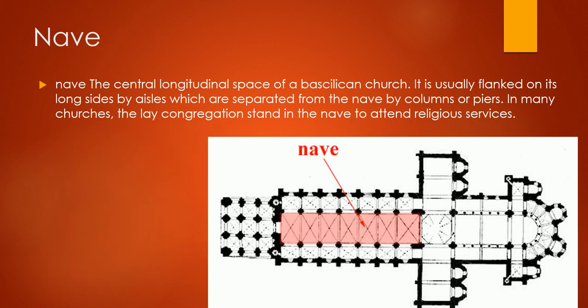Okay, now the sort of interior layout of a church. That tall central section where people would go and sit for Mass was called the nave. Okay? What word does nave sound like? Think of a branch of the armed forces, the Navy.